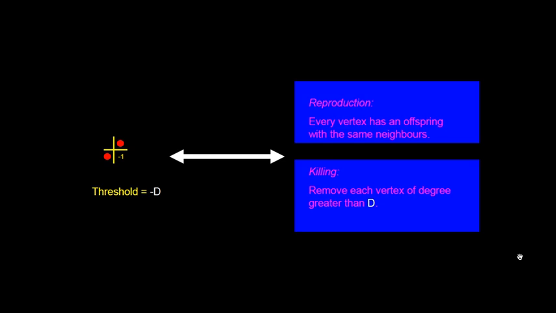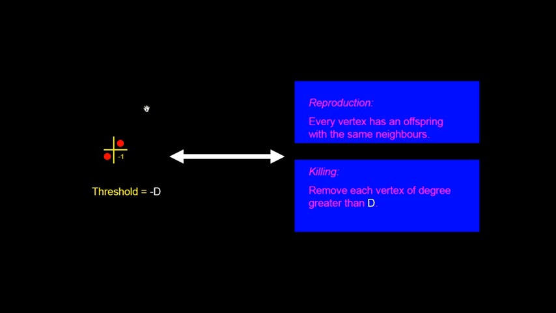So basically, this is a very simple example where we just have a one strategy game. If that isn't a contradiction in terms, we have a one strategy game, okay? So we assume that every vertex uses this red strategy here, and this has a payoff of -1 against itself, okay? So what does this mean?